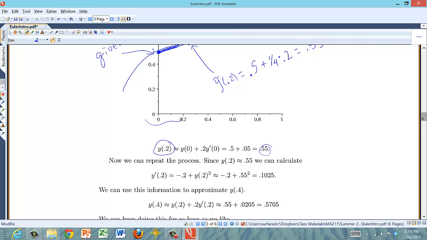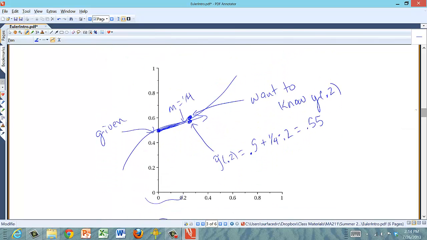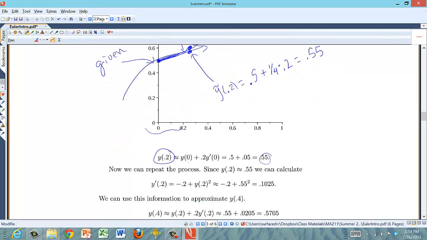Okay, so now let's try again. We now have an estimate of our solution at time point 2. And now maybe we want to know, well, what's our solution do after it gets to time point 2? Well, since we know about what the value of our solution is at time point 2, we can calculate about what its derivative is at time point 2. Let me just grab another color here. Let's see, we'll do the same thing. We know that the value of our solution at time point 2 is about 0.55.